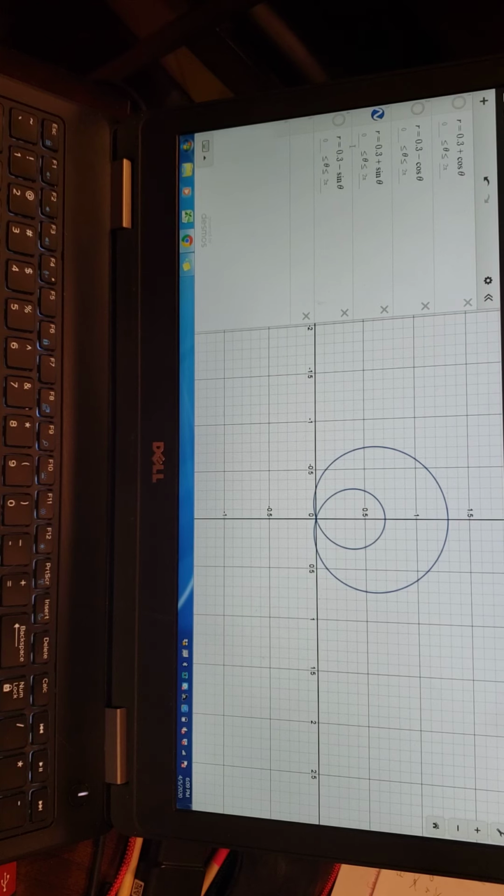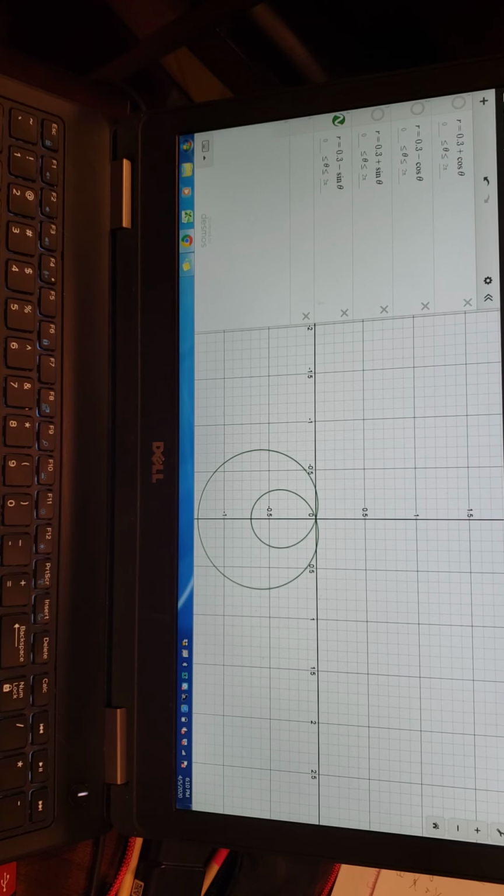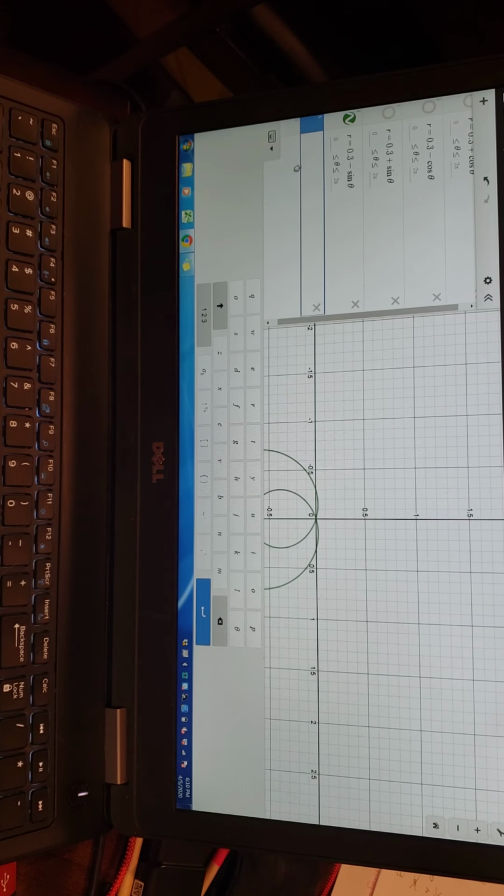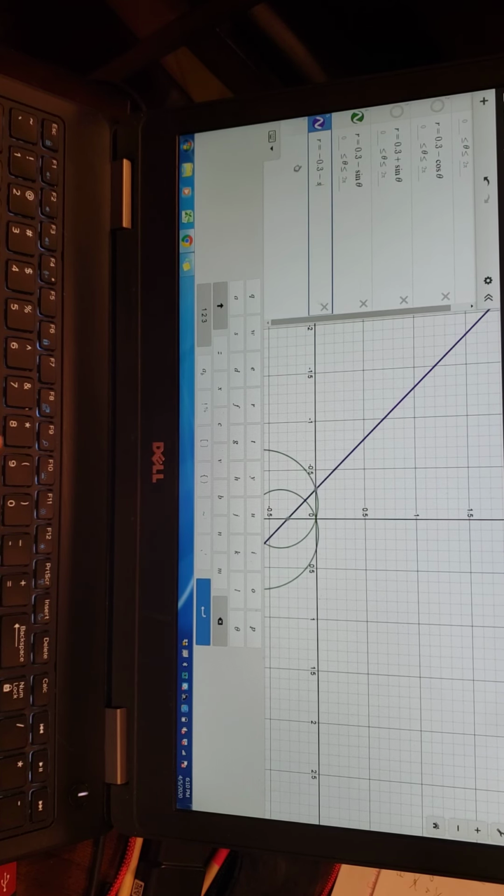And now let's check this minus sine theta. We should really just see the same thing, but in a different orientation. It's going down. And we could see inner loop 0.7, entire length has a value of 1.3. Now, just so that we can be clear of this, if I was to type in r equals negative 0.3 minus sine of theta, these should be the same graphs because we said that it does not matter if A is positive or negative.